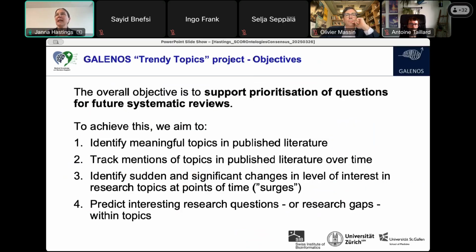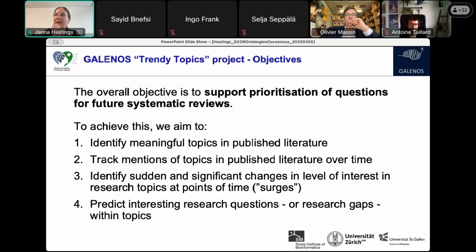In order to try and answer this question, or to see how well automation could answer this question, we thought, well, at least what we can do is track mentions of topics, and research questions may arise within topics. We can track these over time. This is something we can do, right?